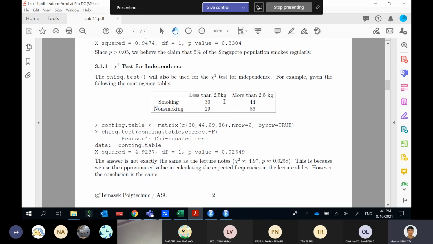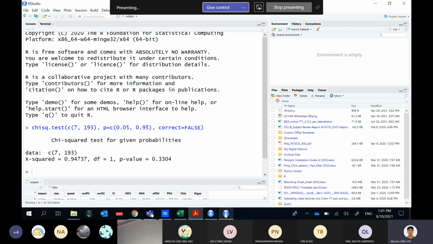That means they do not correlate with each other. So this is using a contingency table. So what you have is this. You can copy down the whole thing. Just grab the whole thing over. Put it here.